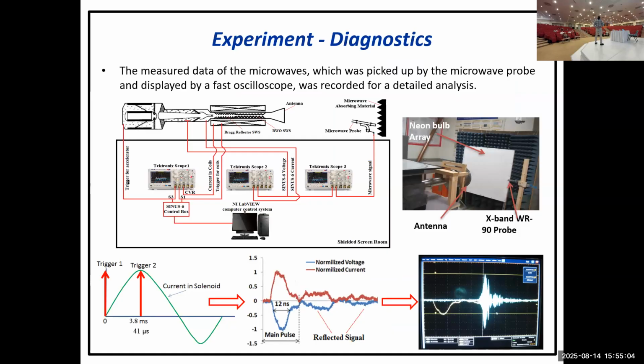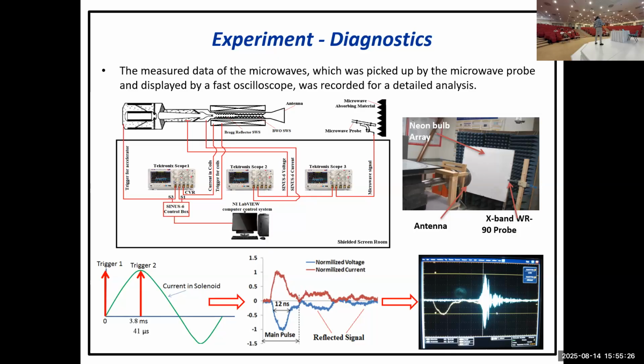You're not actually waiting, but you set up your system to send the second trigger to the accelerator after 3.8 milliseconds for this experiment. For a different experiment, you have to calculate this. You send the second trigger to fire your nanosecond high voltage accelerator at this point.